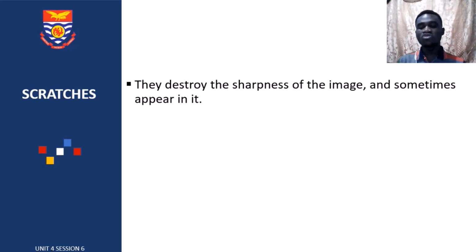If you want to perform an experiment using a lens and the surface of the lens has scratches, you realize that the scratches are going to spoil the image. You are not going to see a sharp image being formed, and sometimes the scratches may also interfere with the image that will be formed.